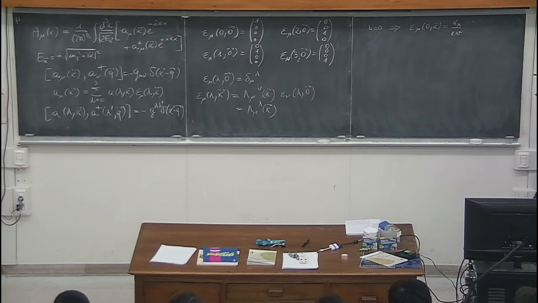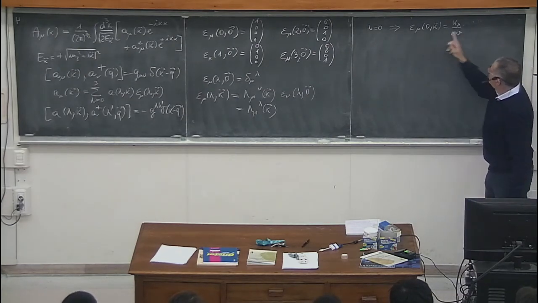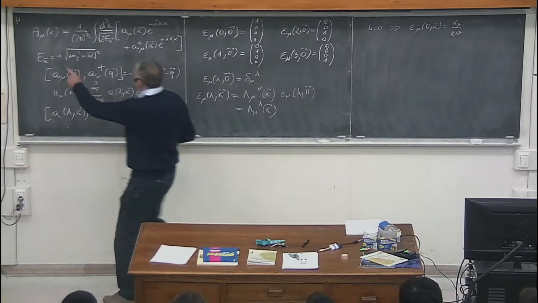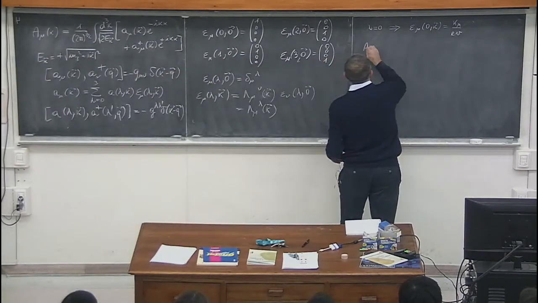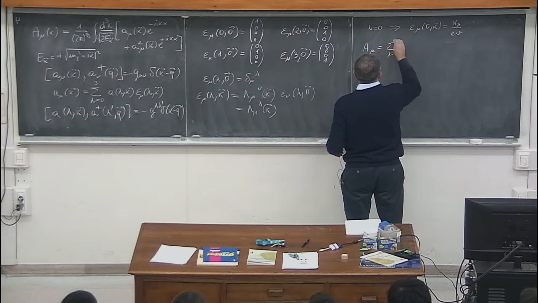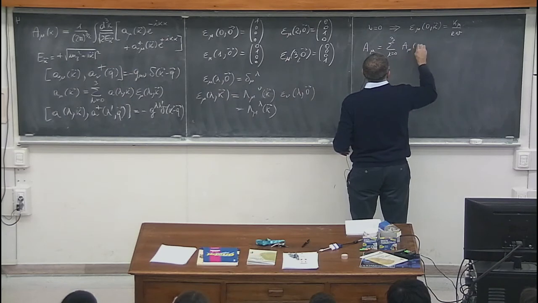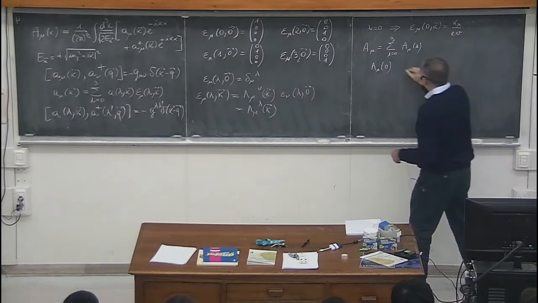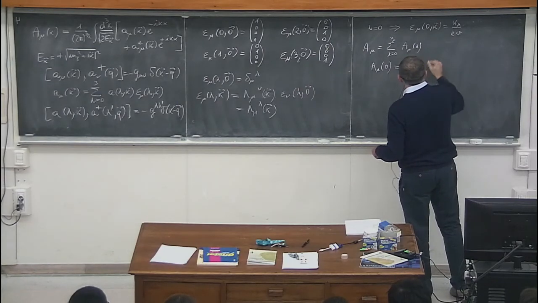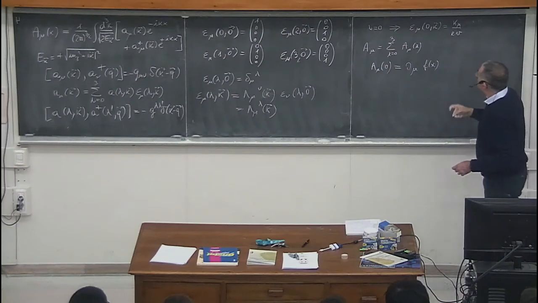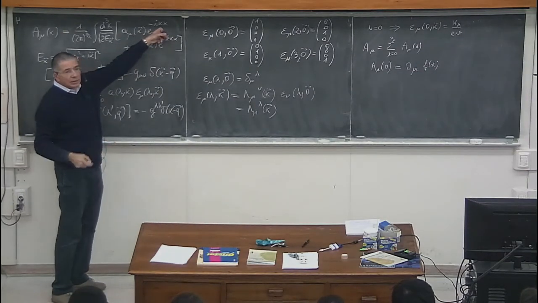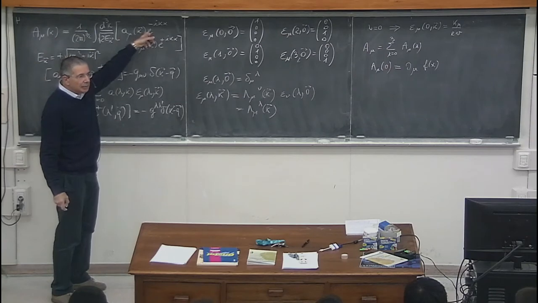So these modes with lambda equal to 0 correspond to a polarization which is longitudinal, which is parallel to the four-momentum of the vector particle, which means that the corresponding field, if I write A mu as a sum over lambda from 0 to 3 of A mu lambda, this means that A mu corresponding to polarization 0 is proportional to the derivative of some scalar field, because the polarization vector is k mu, and if I plug k mu here, k mu times the plane wave is the same as taking the derivative with respect to x mu.